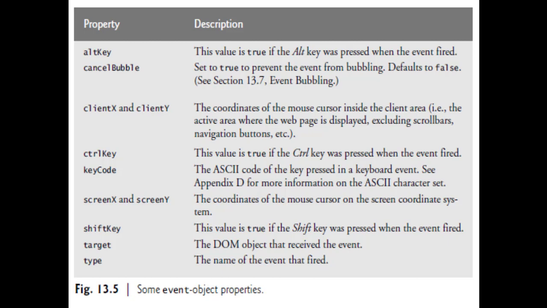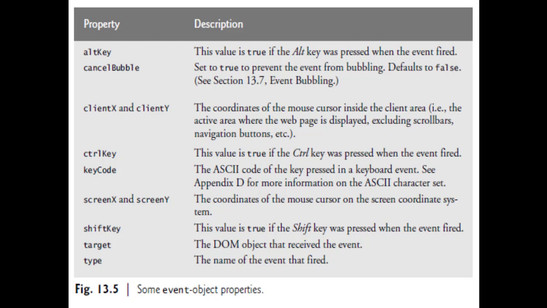So upon pressing the Alt key, the altKey property of the event object will become true. Then there is another property, that is cancelBubble. What is this bubble? We will be discussing that later. cancelBubble is set to true to prevent the event from bubbling. There is a concept called event bubbling. We will be discussing that terminology later. By default it will be false.